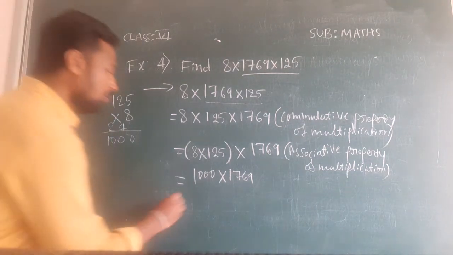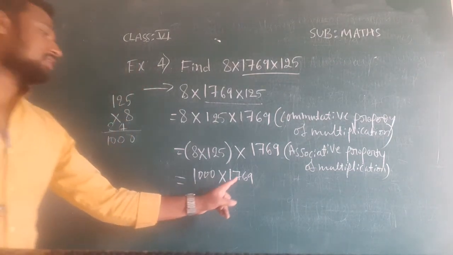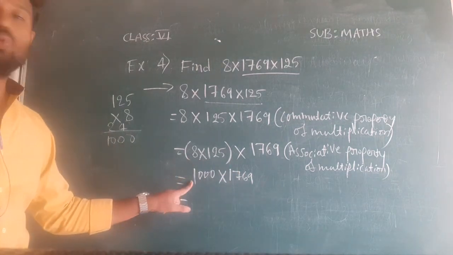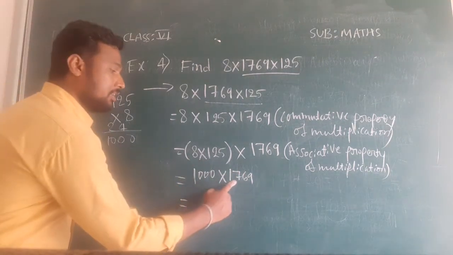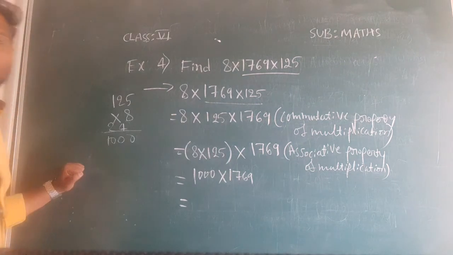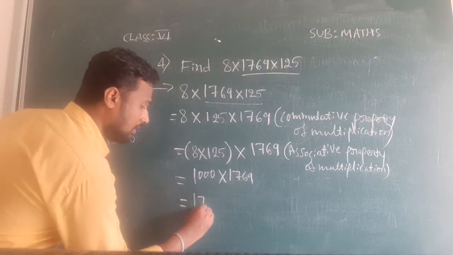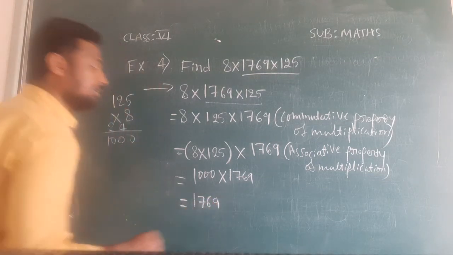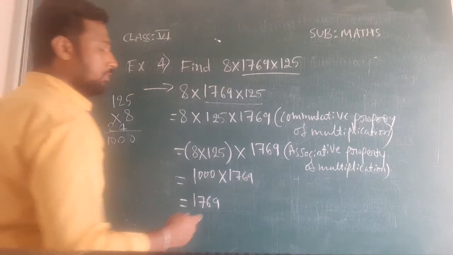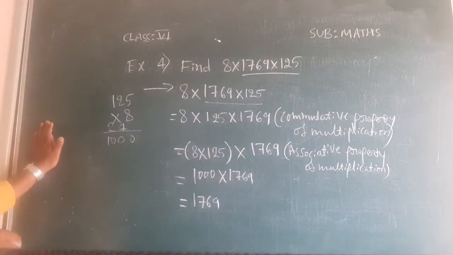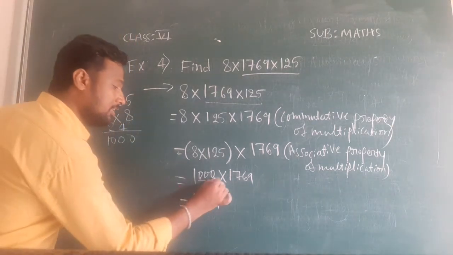Okay, how? You can see here, 1769 into 1 means what will you get? 1769 into 1 means you will get the same number, that is 1769 only. So first I will write that 1769. Any number if you multiply with 1, you will get the same number. And next we have 3 zeros here.